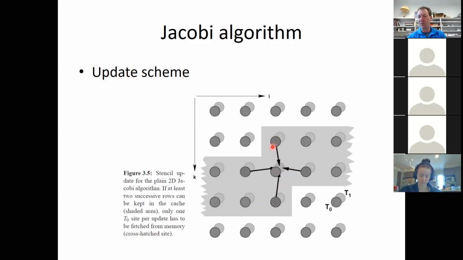Once you've calculated the second derivatives and summed those two together, the change of the point in the middle will be determined by these second derivatives of the neighbor points. So an update scheme could be simply that you go through all the points, and all the points will be updated to new values by the information of all the neighboring points.